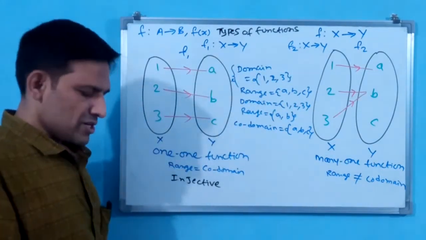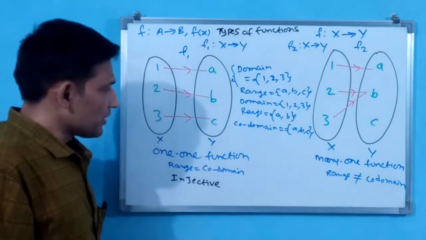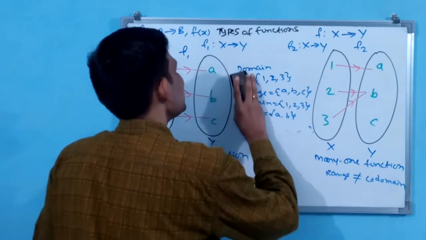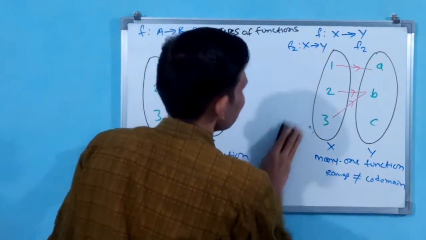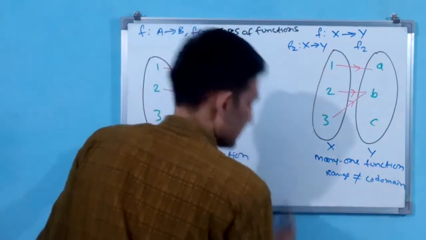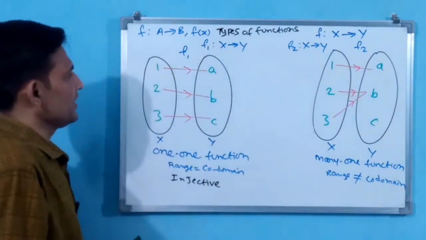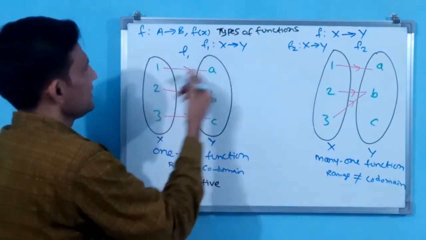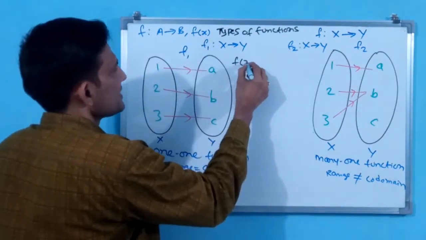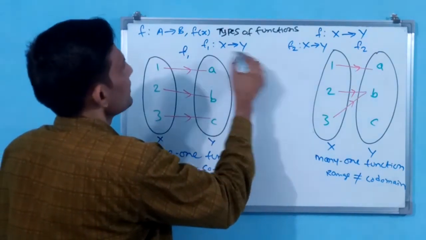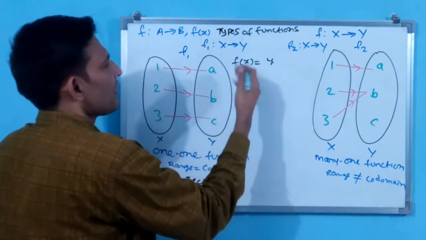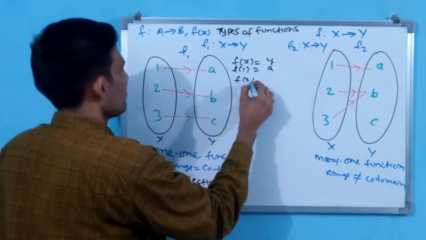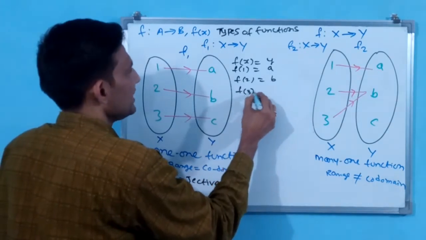For one-one function notation, I am going to tell you one logic. I am going to rub in between these. See here, f of x I have written. f of x is equal to, say, something on this side, y or whatever it may be. f of 1 is equal to a. f of 2 is equal to b. f of 3 is equal to c.